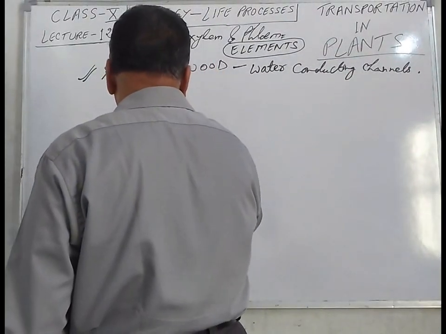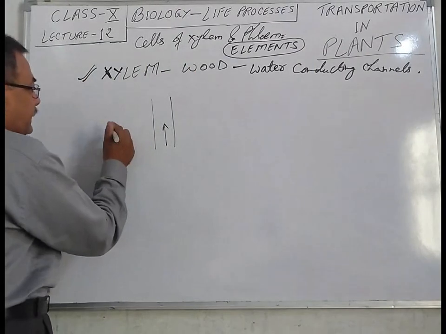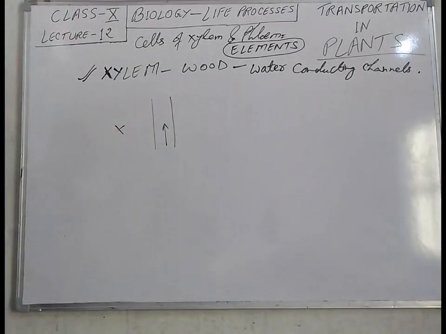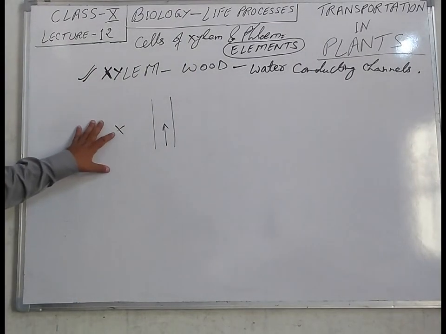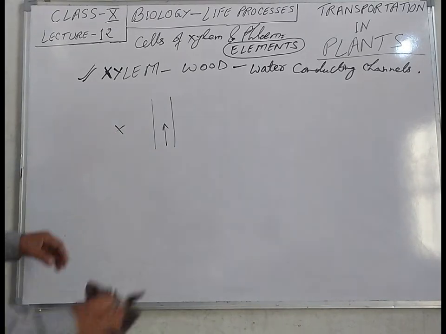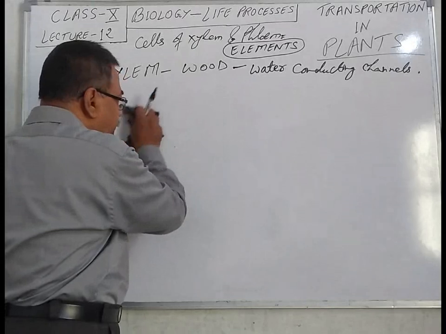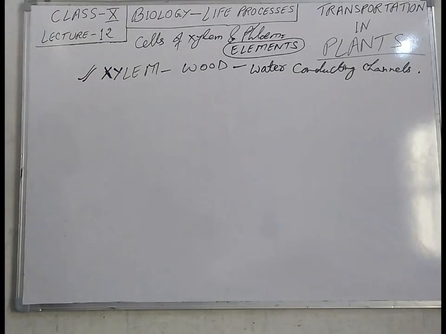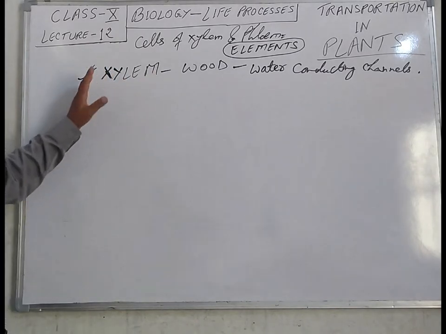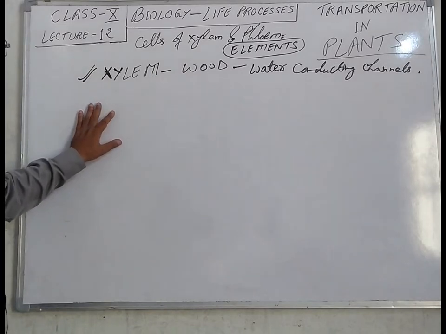Water is steadily pushed up, but this theory is not correct. If it takes place, it may take place at night. But during the daytime, when the stomata are in open position, there is continuous release of water in the form of water vapor.